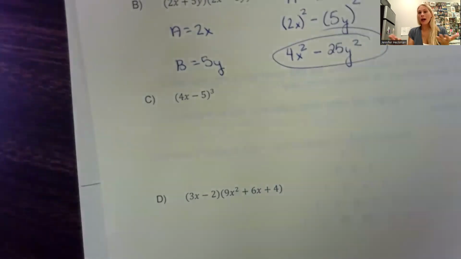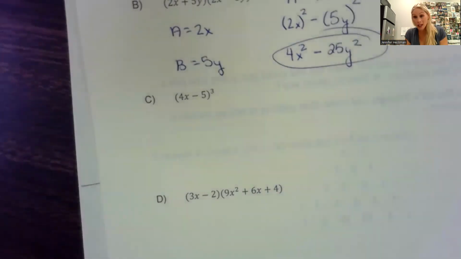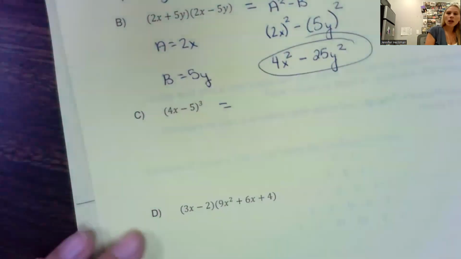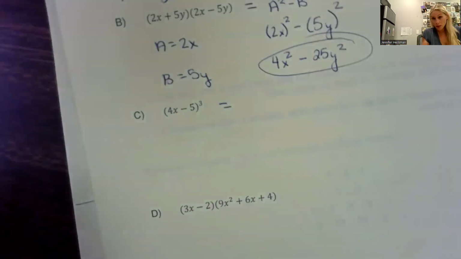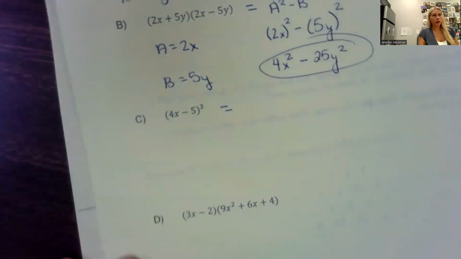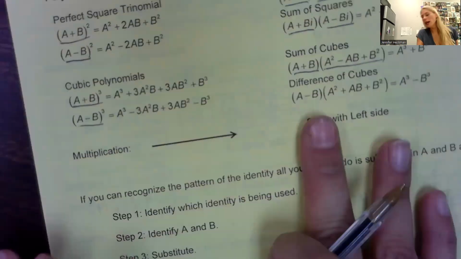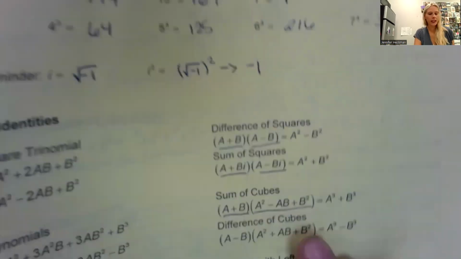And then that result, I would then have to multiply by another 4x minus 5. So sometimes I like tricks. So if we look at the other page, the difference of cubes, no, it's not. Yes, it is. Did I say it correctly? Cubic, it's just cubic. Difference is down here. You just named it differently.